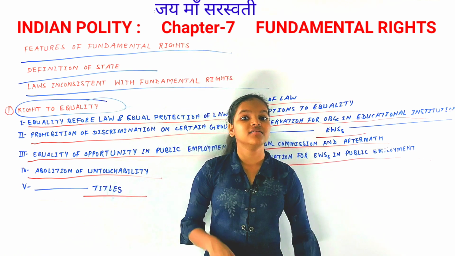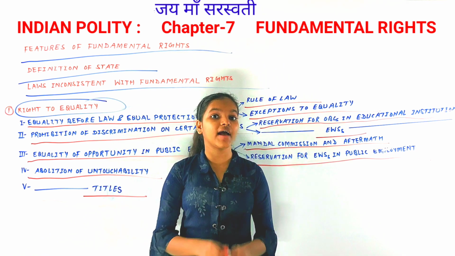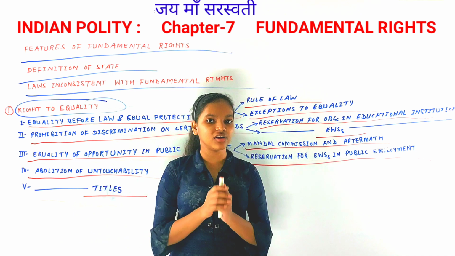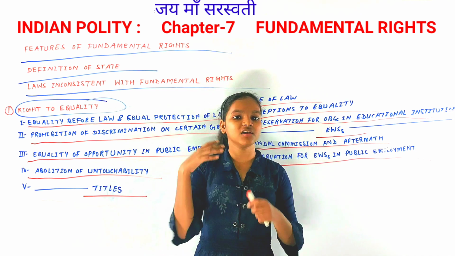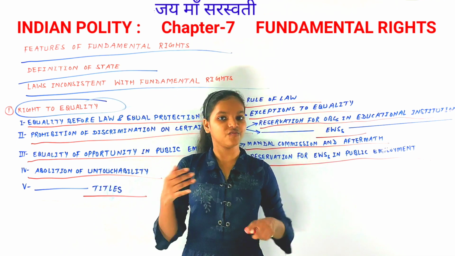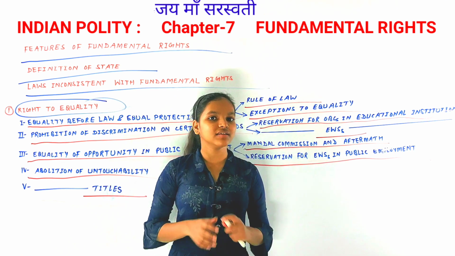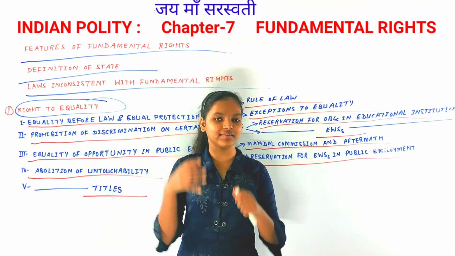First, the state is prohibited from giving any titles, except military or academic. If it is military, the state can give titles, or if it is any academic titles, then it is allowed.